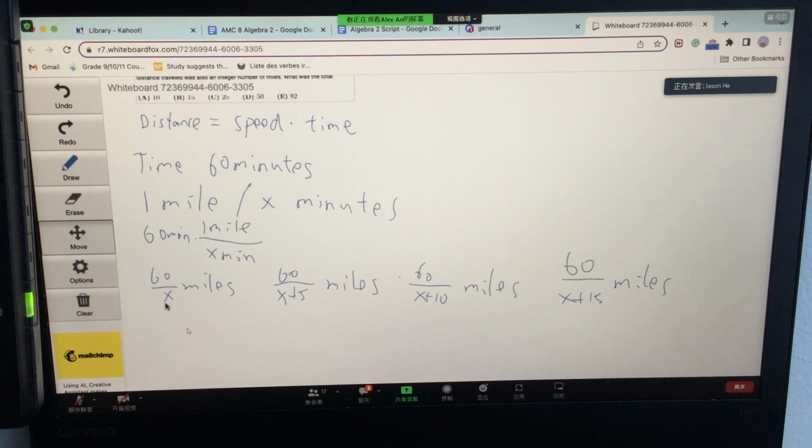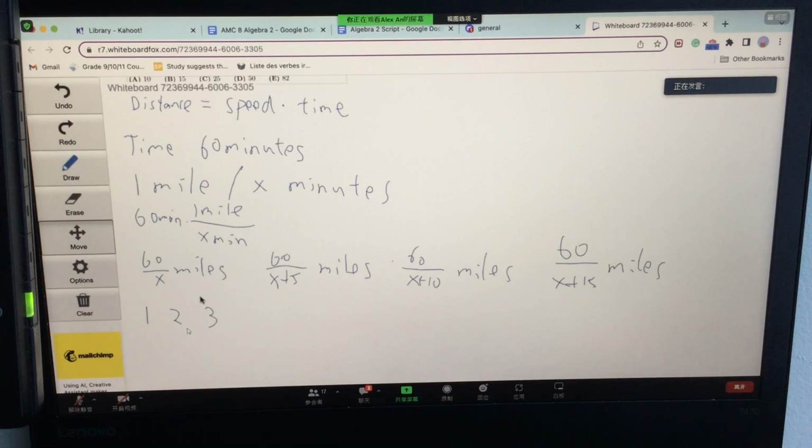Factors of 60: there's 1, 2, 3, 4, 5, 6, 10, 12, 15, 20, 30, and 60. And so we try to find numbers that differ by 5, and we can see here there's 5, 10, 15, and 20. So we can use that. We know that x is equal to 5 here.